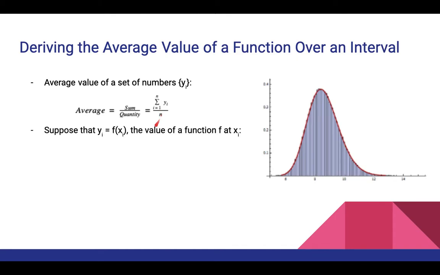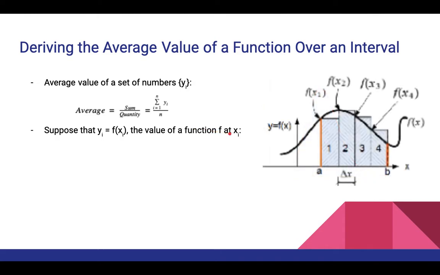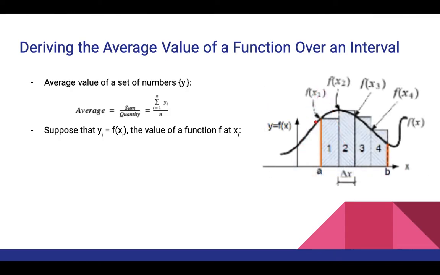Suppose that yi actually denotes the ith y value of a function f at a specific x value xi. So yi is equal to the value of the function f at xi. All these y values that we're using to get an average, we can now look at in terms of a Riemann sum.